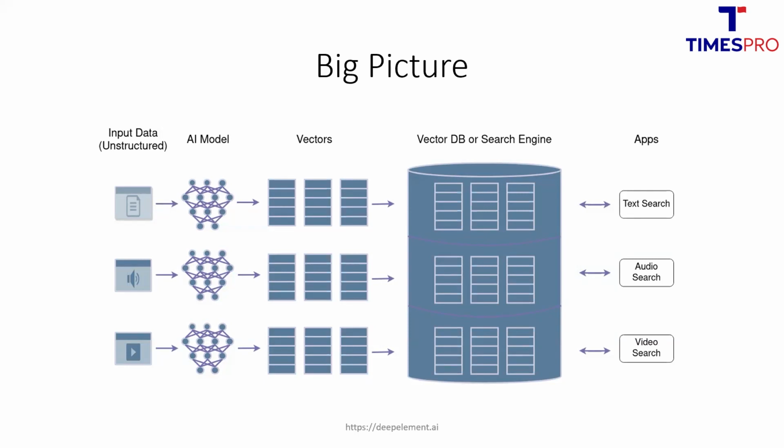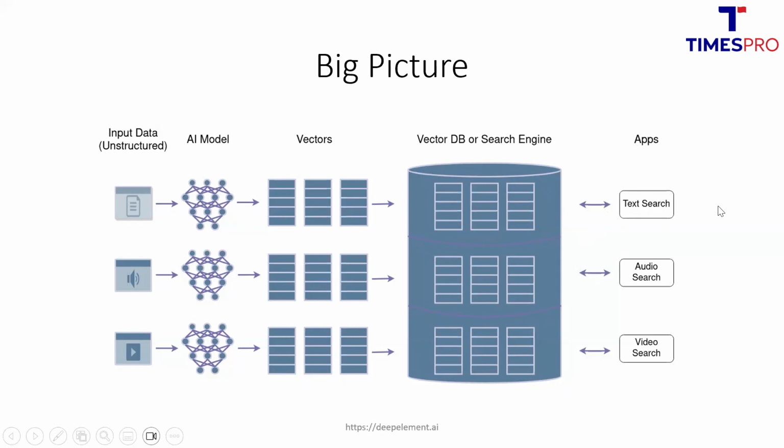So this is the big picture. You have a lot of unstructured data, pass it through an AI model, get the vectors, dump them into the vector database, and now build the apps which interact with the vector database. Of course, the apps will also use the same AI model to convert the queries into vector form.